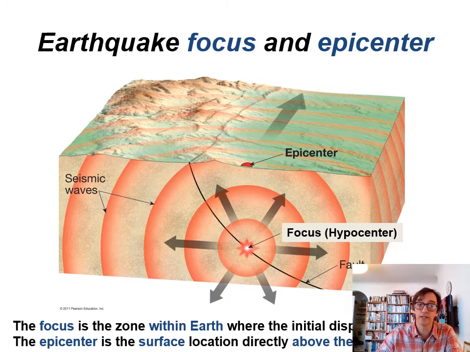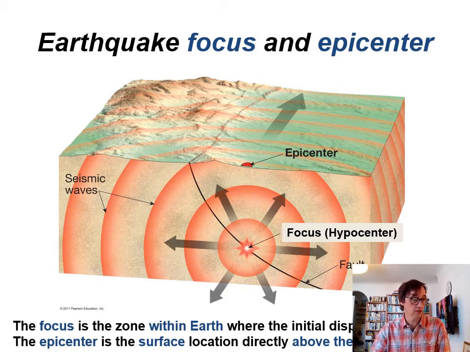A key point here is the epicenter. You may not have heard of the focus, also sometimes called the hypocenter, but the epicenter, I'm sure you have heard of that term. When earthquakes occur, the news often says where the epicenter is, and that's what it means. It's a description of the location. The focus is the zone within the Earth where the initial displacement occurs.